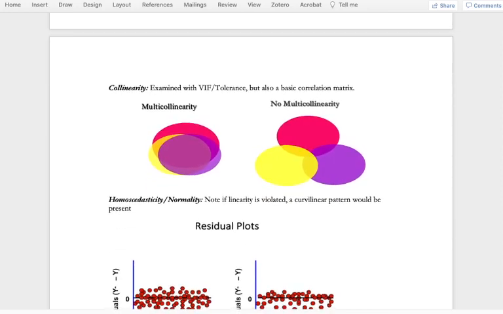Here we have some diagrams to help you understand some of these things. As I already said, with multicollinearity, some things are too closely correlated, versus no multicollinearity, where things are better.